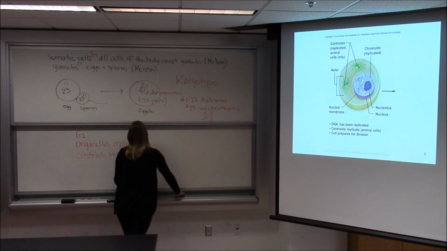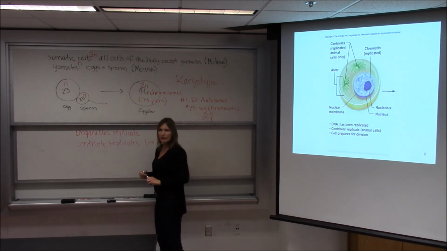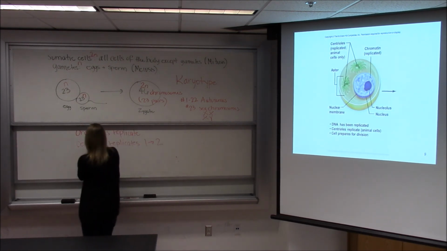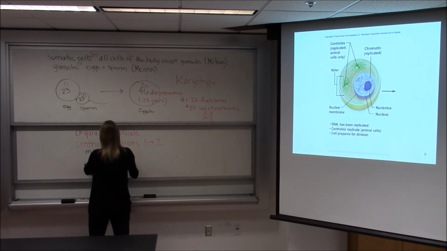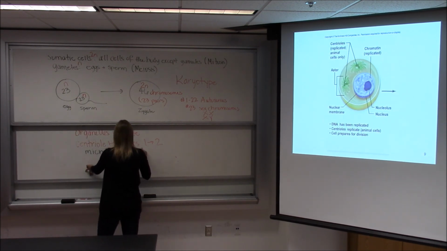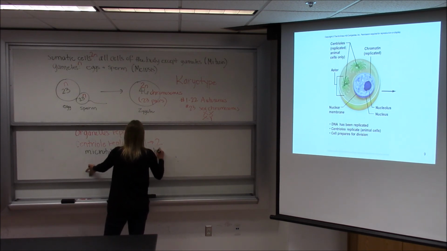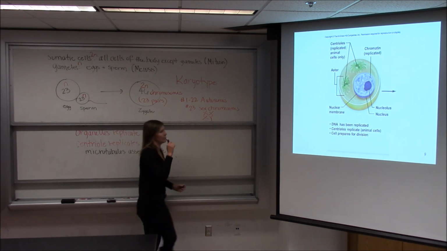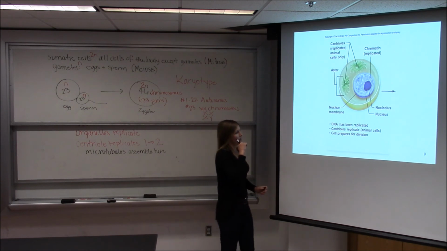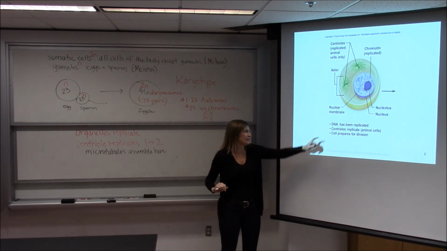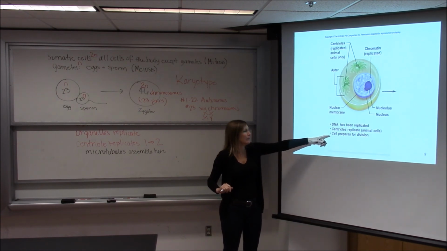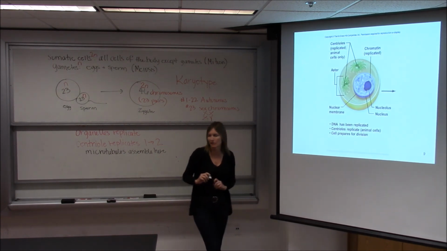This is where the microtubules are going to assemble. So DNA has replicated already in the S phase, centrioles replicate, and the cell prepares for division.